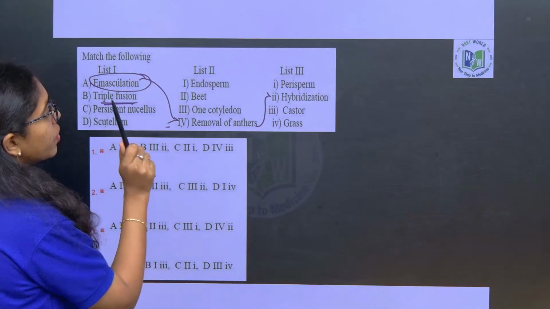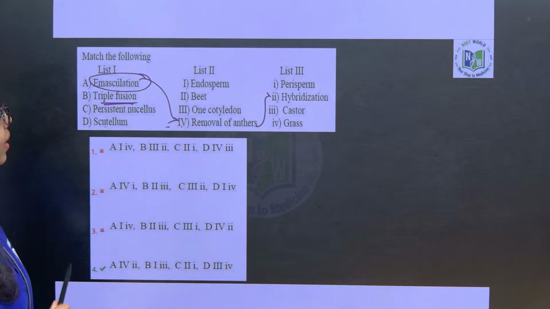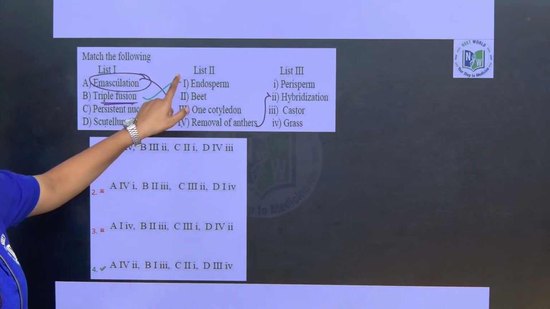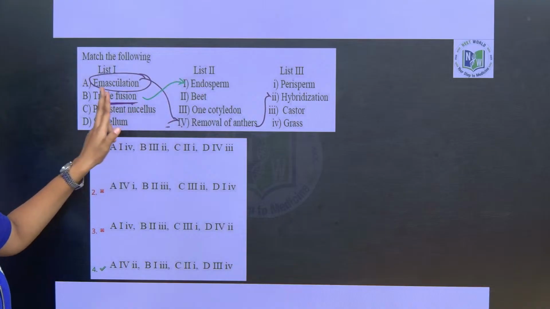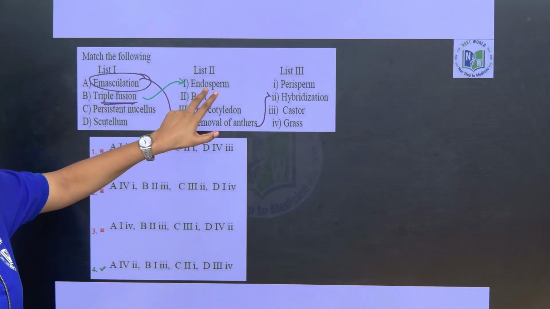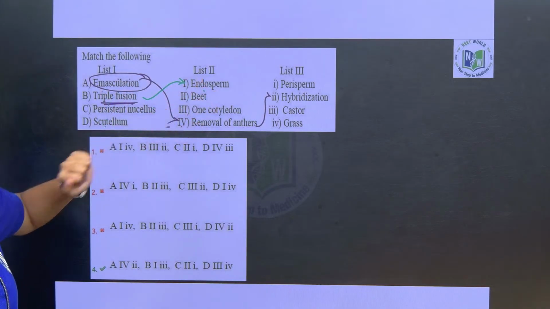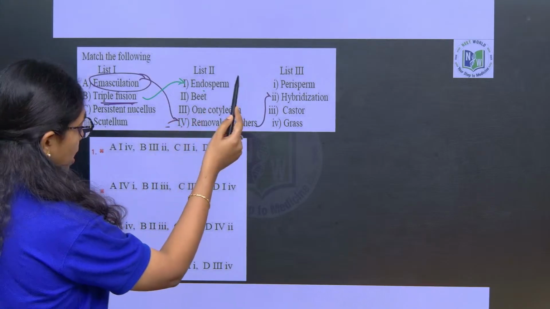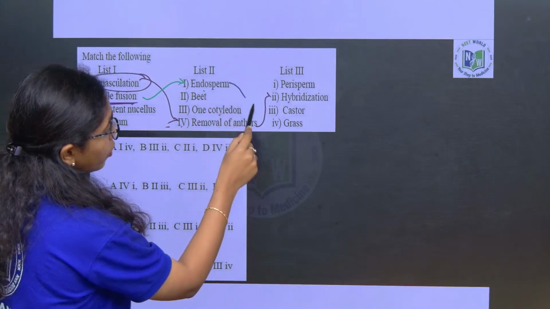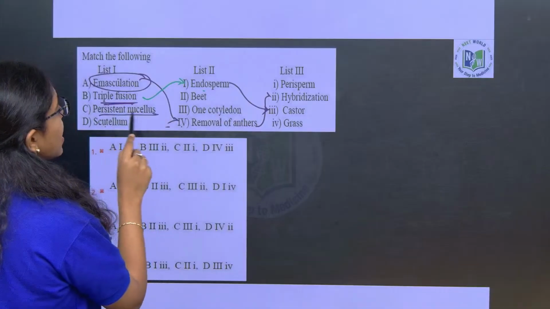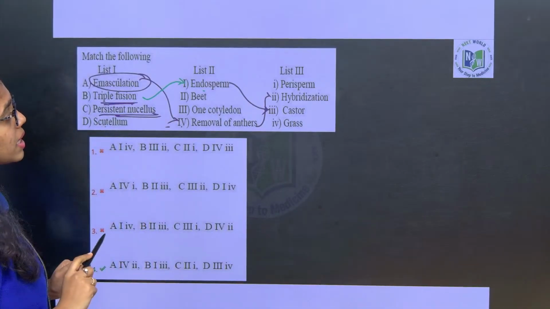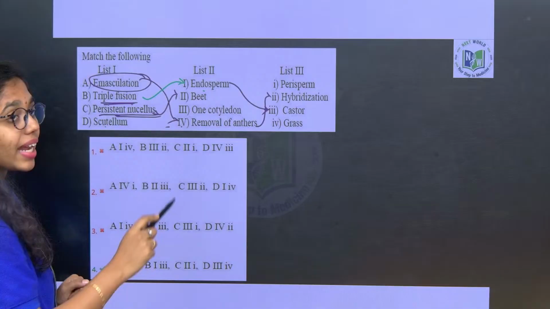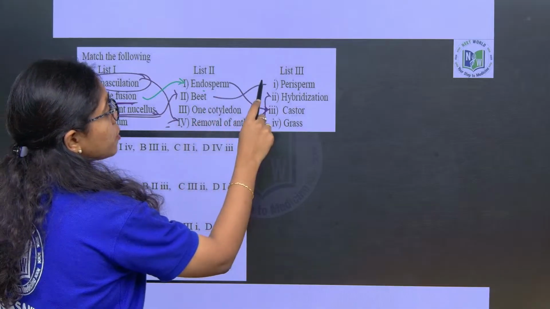Triple fusion. Triple fusion relates to the formation of endosperm. It leads to the formation of triploid endosperm, and this you will see in diploid seeds like castor. Next, persistent nucellus. Examples are beet and black pepper, which means perisperm.